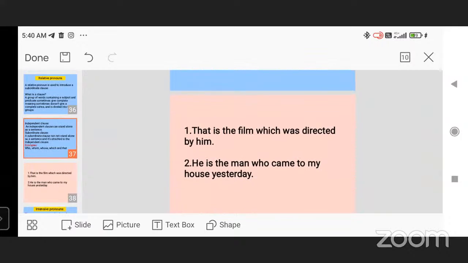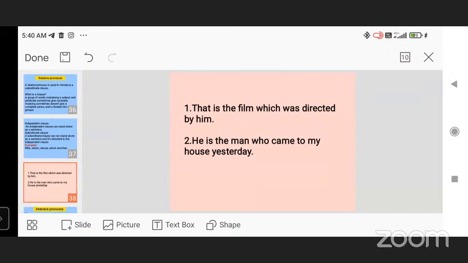So see here, he is the man who came to my house yesterday. So in this place, he is the man. It is an independent clause, which we can understand the meaning of. He is a man. It is simply understood that he is a man.